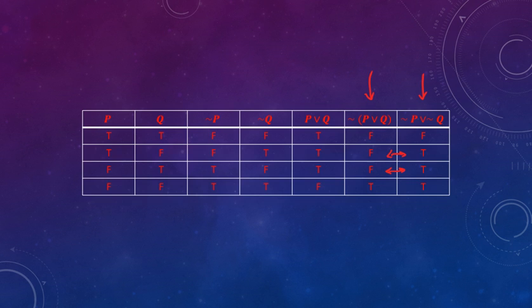If these two rows had the same truth values, then you would see that the two columns here are identical and thus those forms would be logically equivalent, but they're not the same. Therefore, these two forms here, not (P or Q) and not P or not Q, are not logically equivalent.